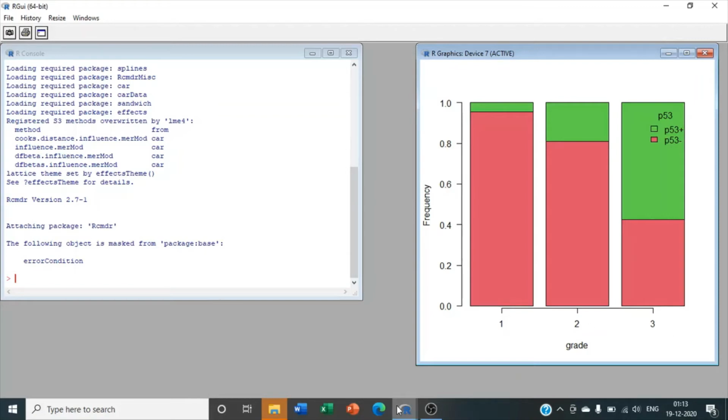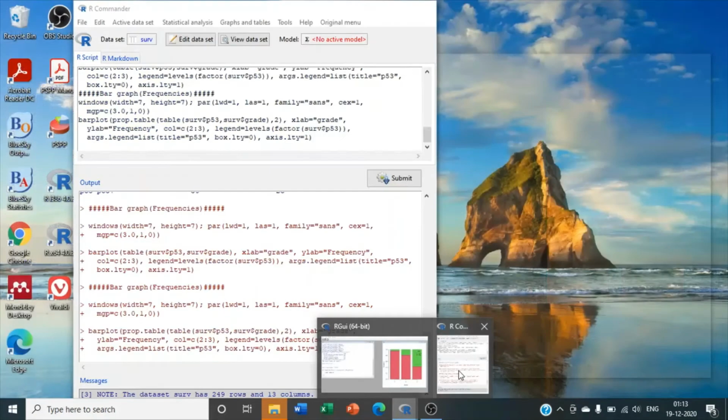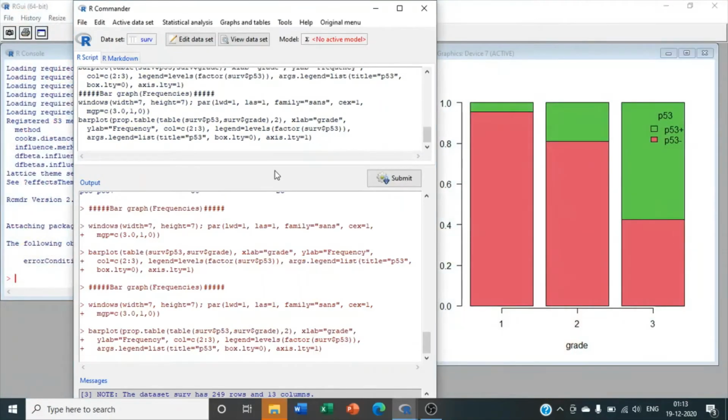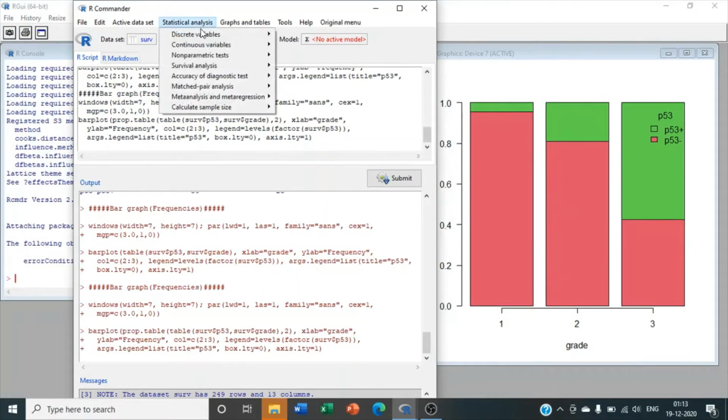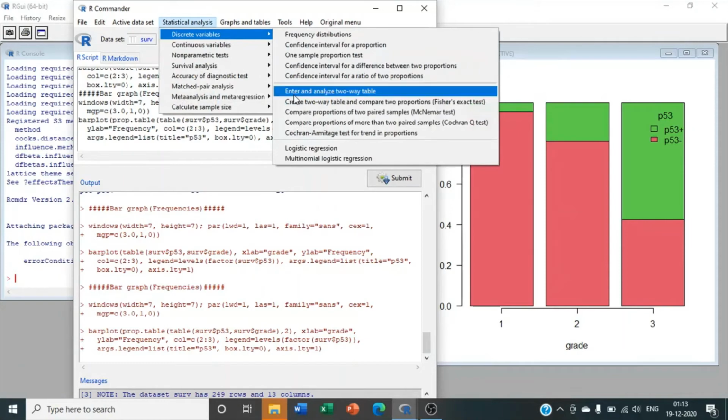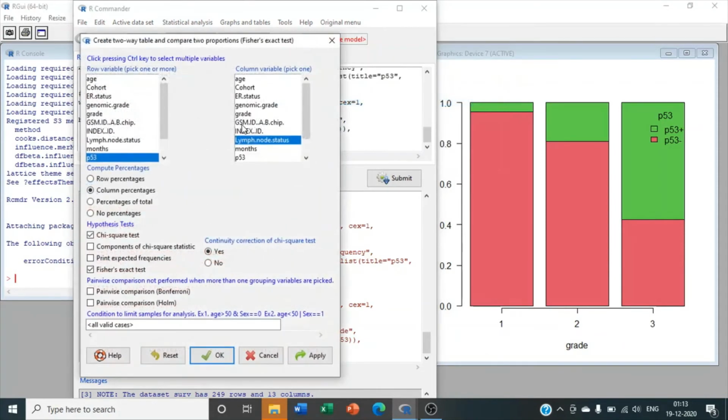So what is the test we can use? Of course, we can use the Fisher's exact test or the chi-square test. We can create two-way tables. Now we can put grade over here and do both the chi-square and the Fisher's exact test.